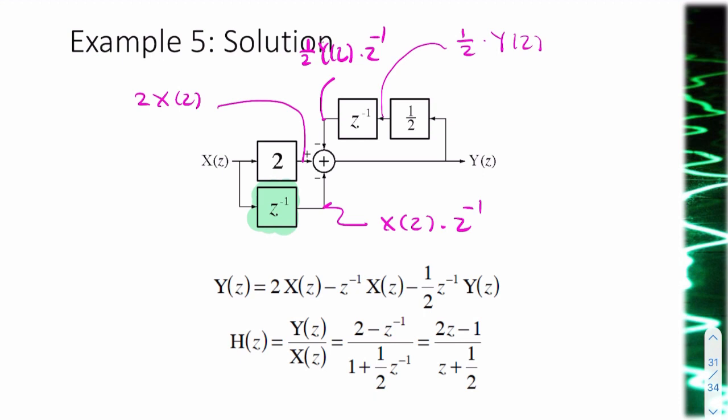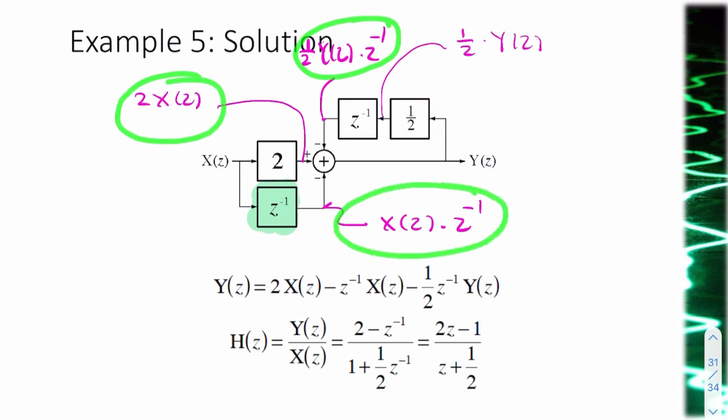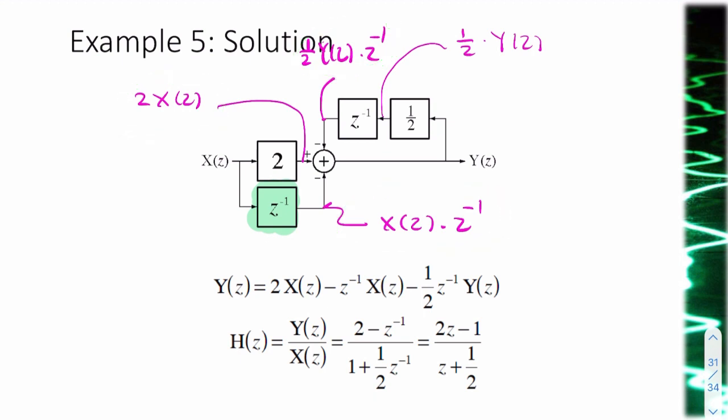Now, keeping in mind the minus signs there, all three of these are being added together. So you've got the first term, the second term, and the third term. Plus, minus, minus.